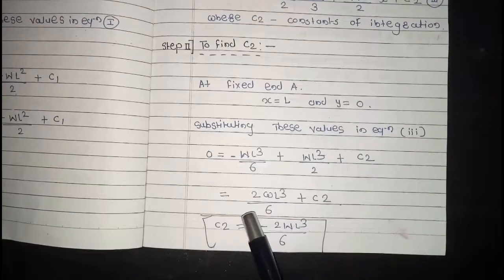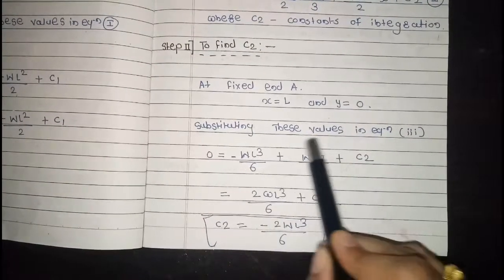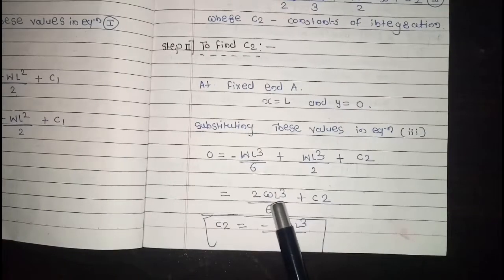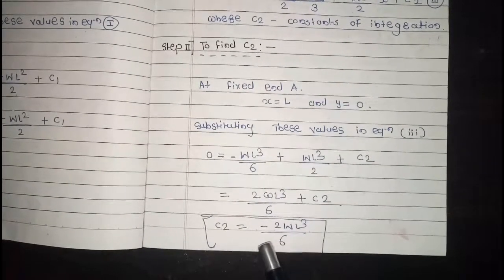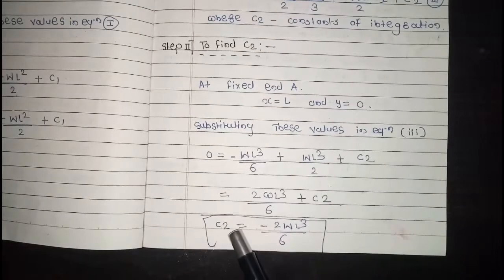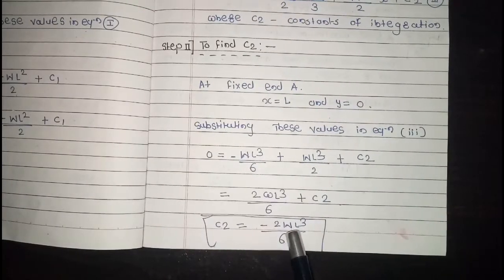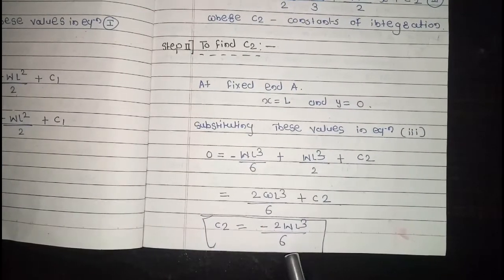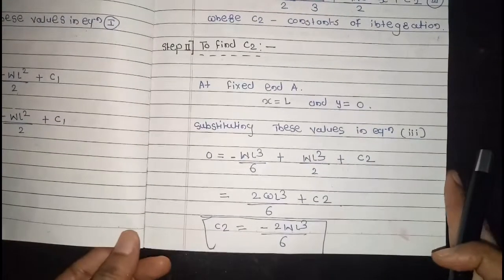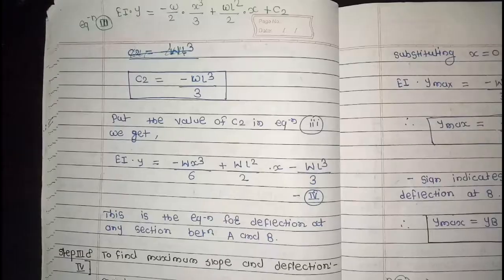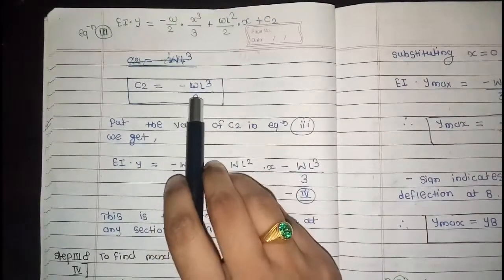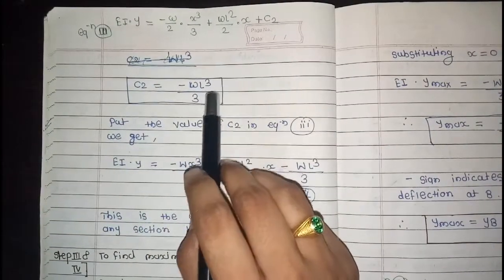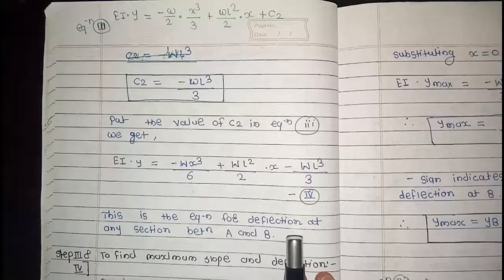Solving this, we get 0 is equal to 2WL cube divided by 6 plus c2. So c2 is equal to minus 2WL cube divided by 6, so c2 is equal to minus WL cube divided by 3.